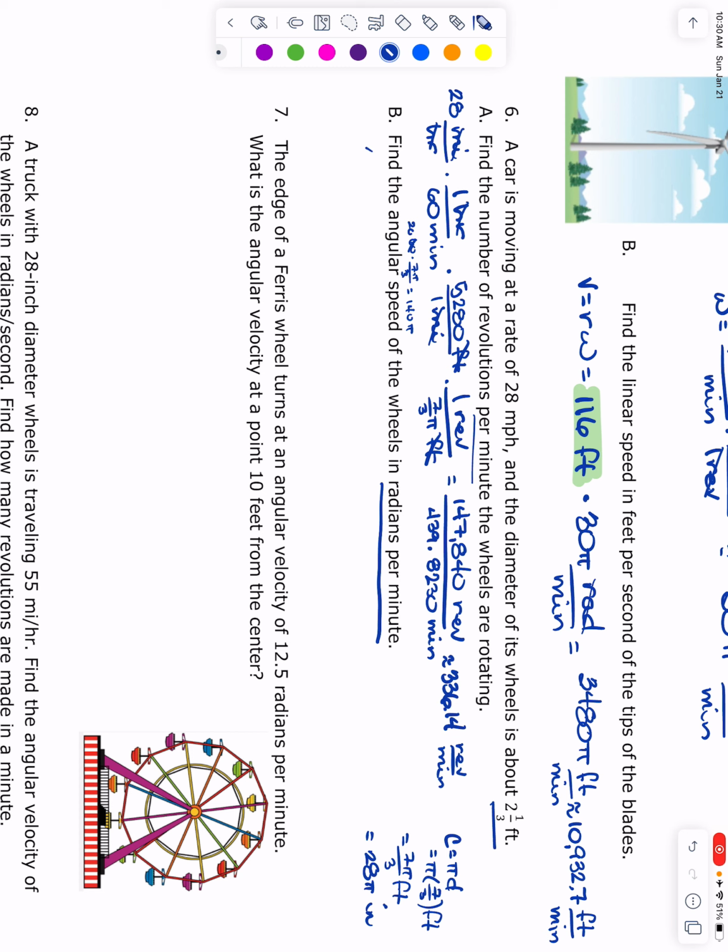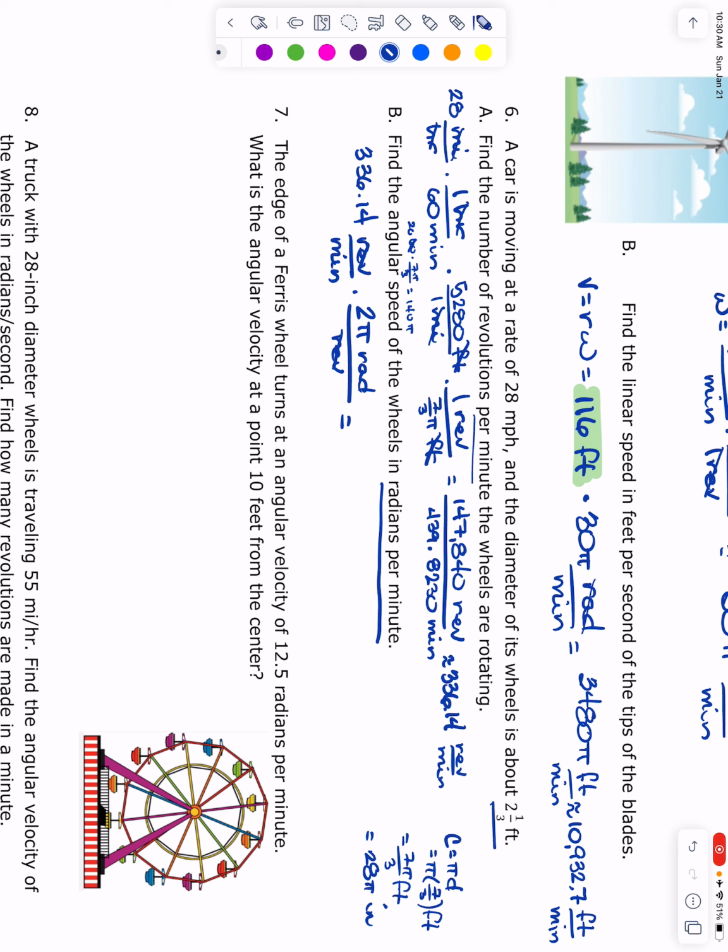I know that I have 336.14 revolutions per minute. I know I want angular speed in radians per minute, and I know it's 2 pi radians for every revolution.